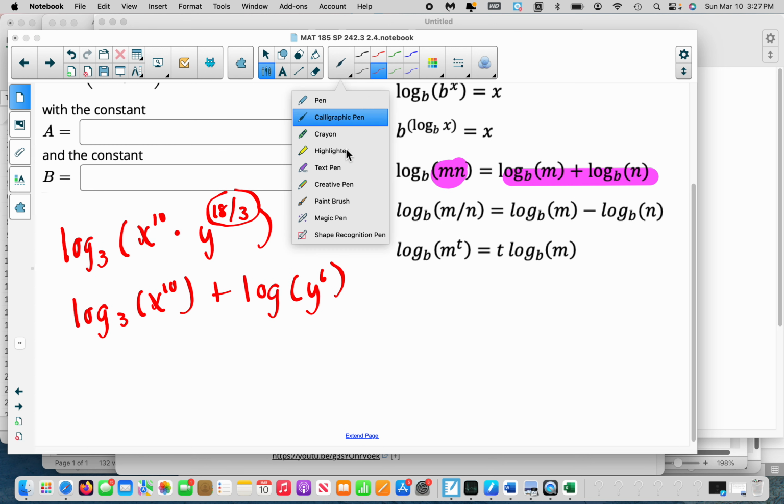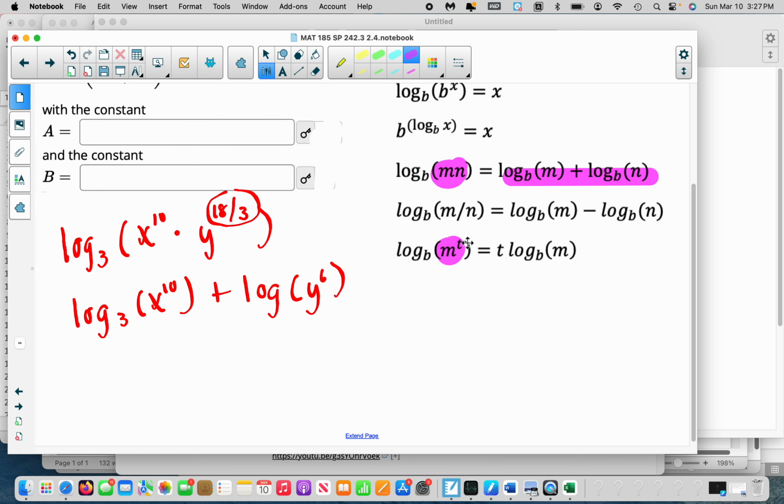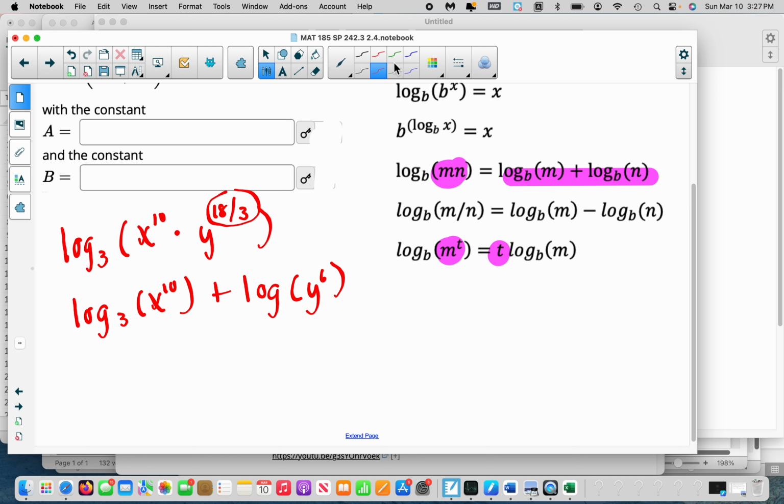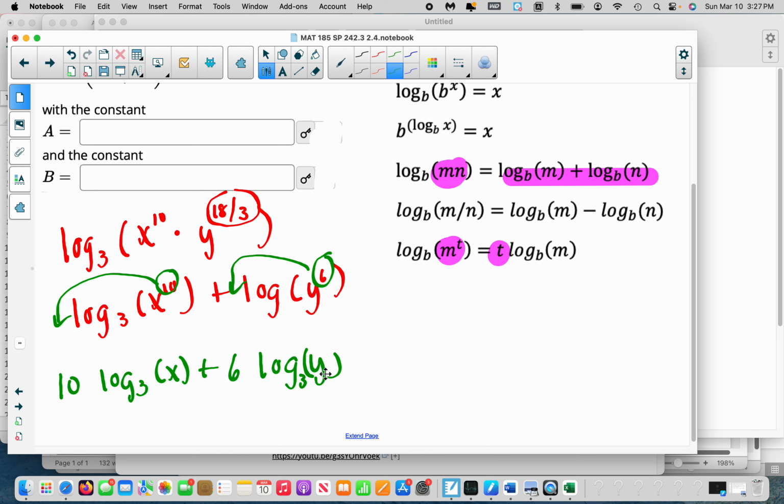I have a final log property. When I have something raised to a power, I take that power on the outside and take the log of that base. So I have a power here that can be pulled out to the front. So I have 10 log base 3 of x, plus a power here that can come out to the front, 6 times log base 3 of y.